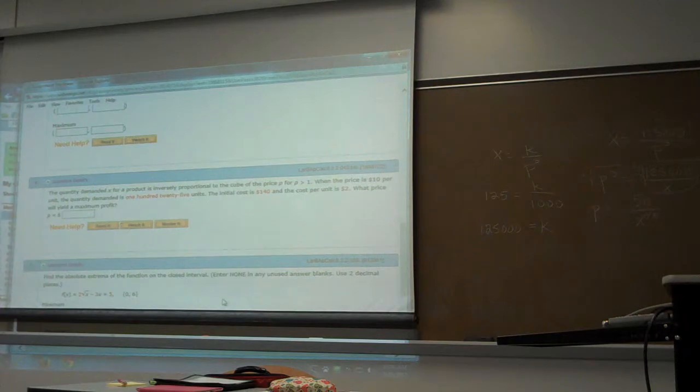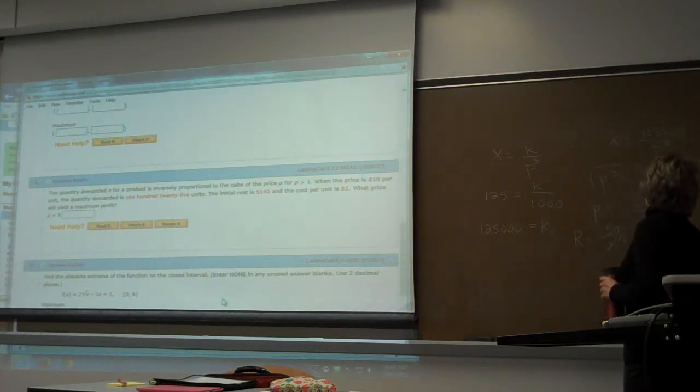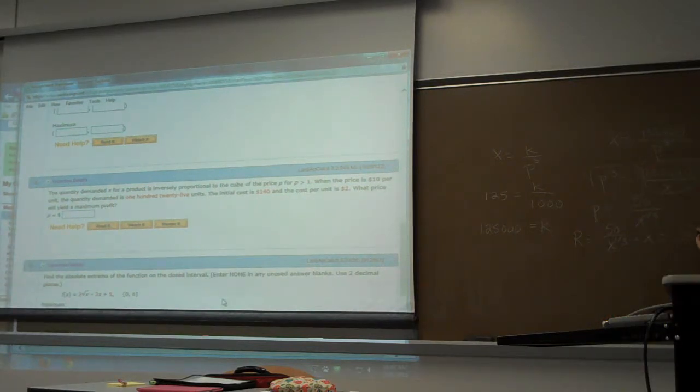Okay, so how do I get revenue? Multiply it by x to get revenue. And how do I multiply that by x? What do I get? 50 x to the 2/3. This is divided by, so I can stick my x up there, but then I got to subtract my exponents.